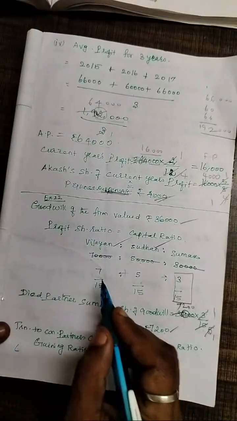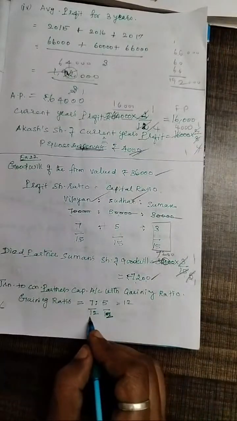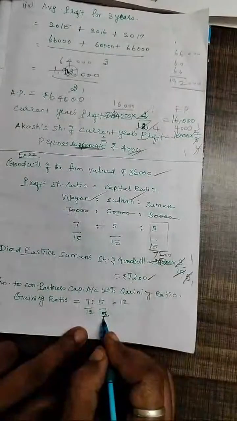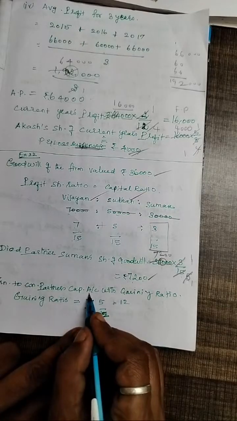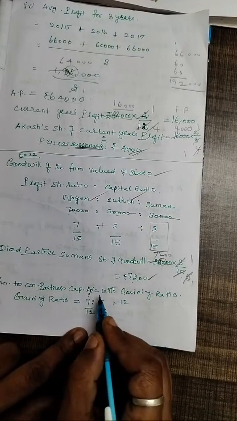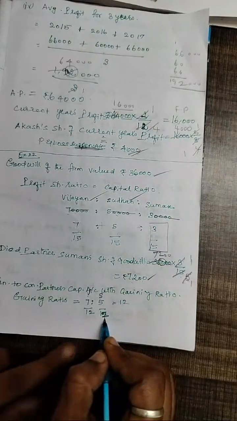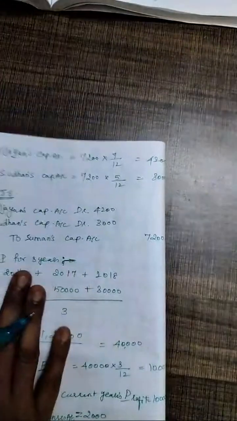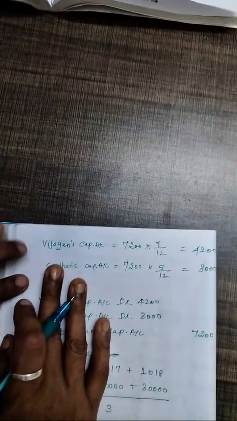So what is their gaining ratio? 7:5, right? 7:5 means 7 plus 5, 12. We have to enter the sum of the ratio in the denominator and the actual ratio in the numerator. So the gaining ratio for Vijayan is 7/12. The gaining ratio for Sudhan is 5/12. Got it? So we calculate the 7,200 with this gaining ratio for the respective continuing partners' capital accounts.